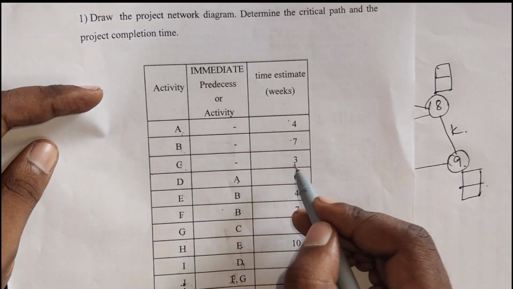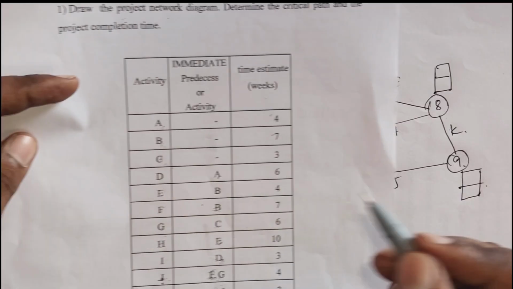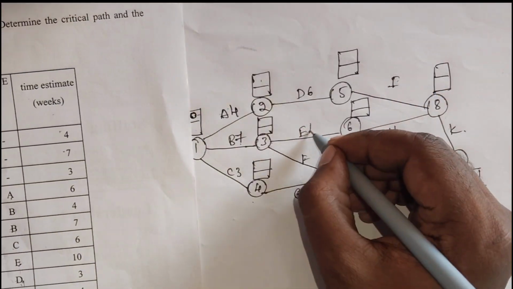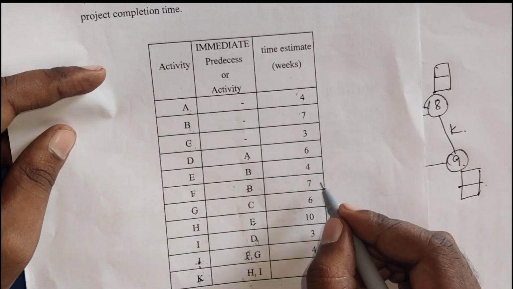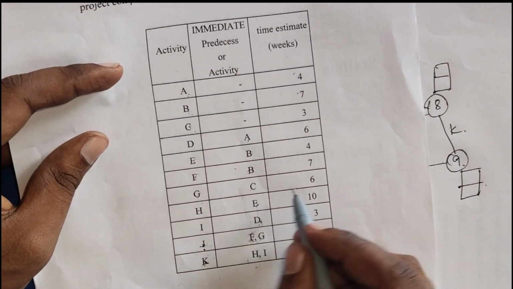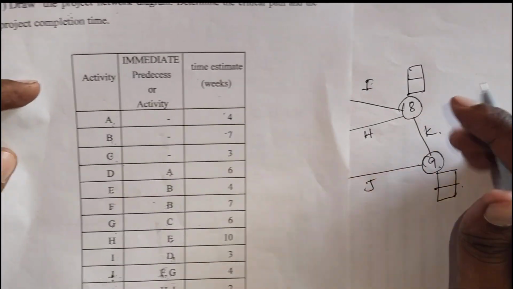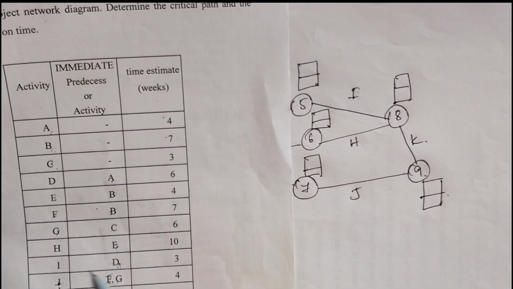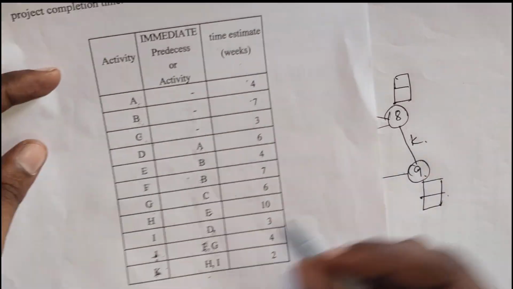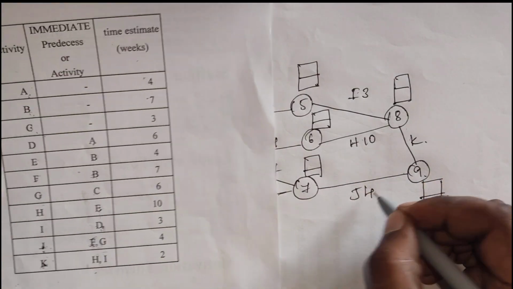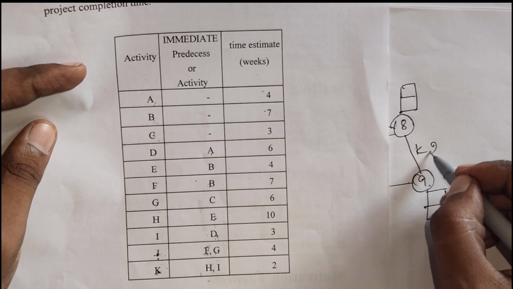For C it's 3, and then for D it's 6. For E it's 4. For F it's 7. For G it's 6. For H it's 10. For I it's 3. For J it's 4, and then K it's 2.